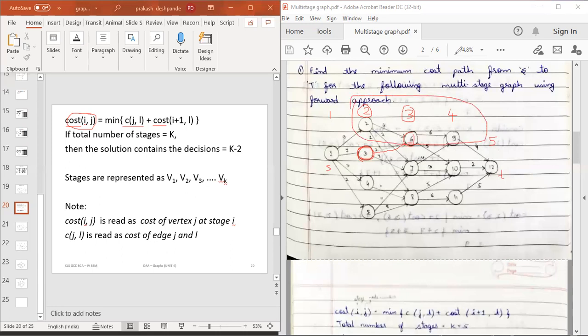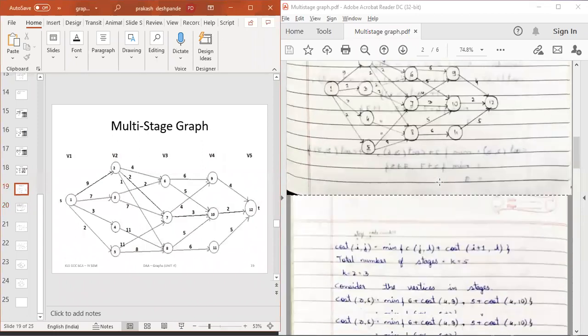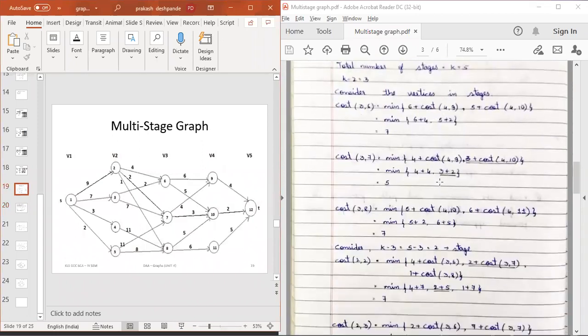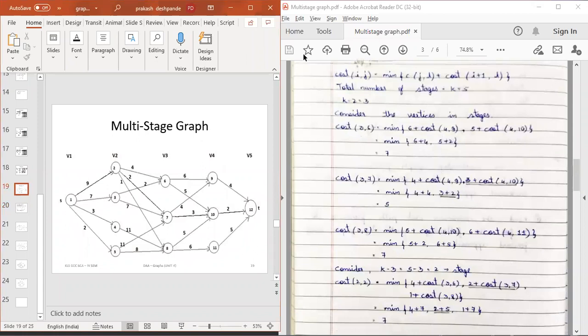Now let us proceed further in solving this particular problem. Let's clear all the drawings from here and then start with the calculation of this particular stage. So the total number of stages k is 5 in this case, and the first decision, that is k minus 2, we will try to make. K minus 2 means 5 minus 2, that is 3, which means the stage number 3.